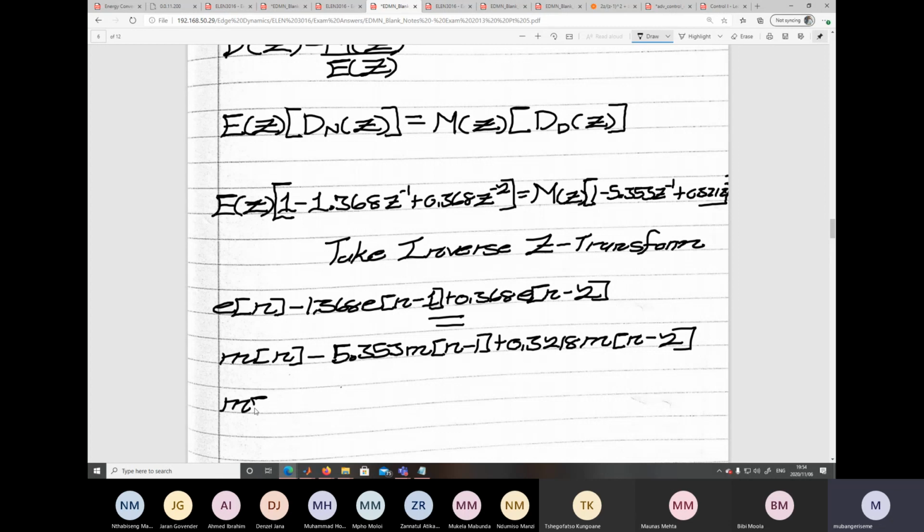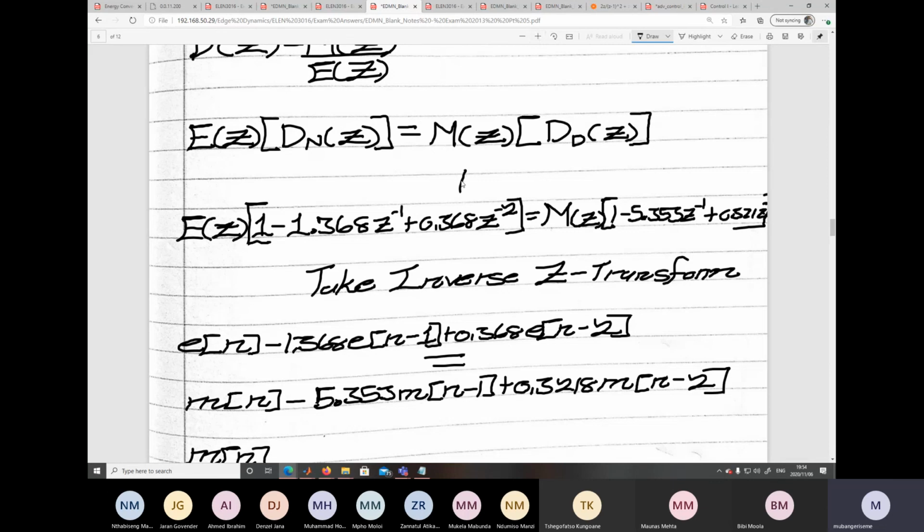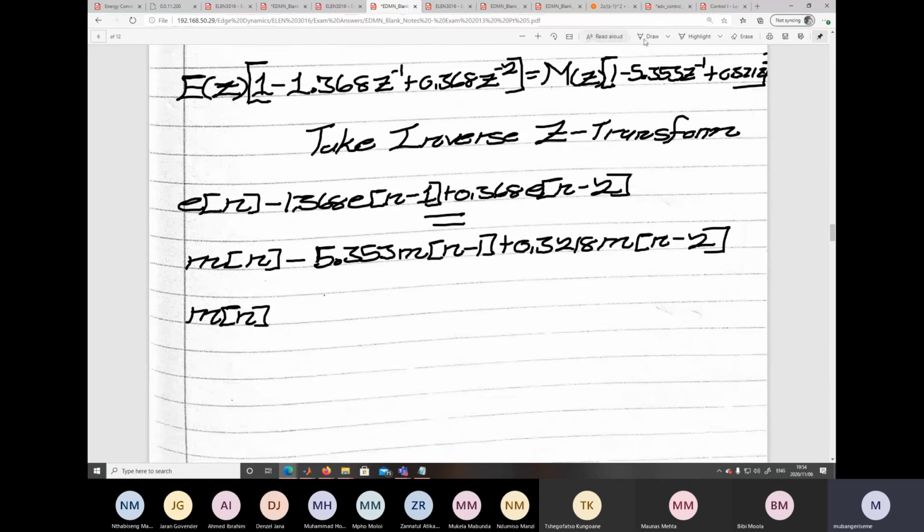Rearranging to solve for m of n, that's equal to all of that. All of this basically just gets shoved to the other side.